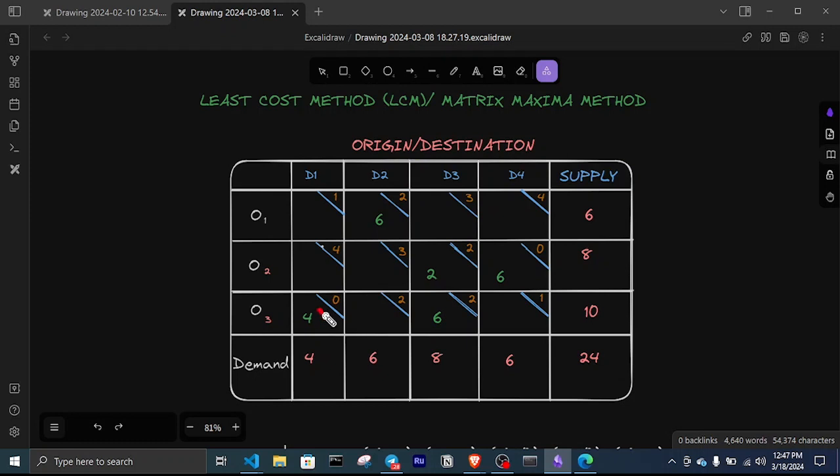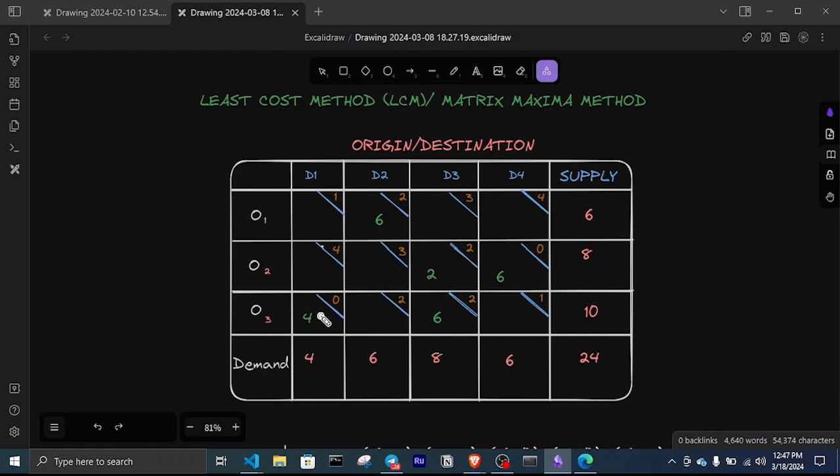How do we do that? We look at the demand value, which is 4, and the supply value, which is 10, and pick the minimum between them, which is 4, and put it at our cell location. So we have the value 4 over here, as I've done in green. We allocate the value 4 to the 0 cell.